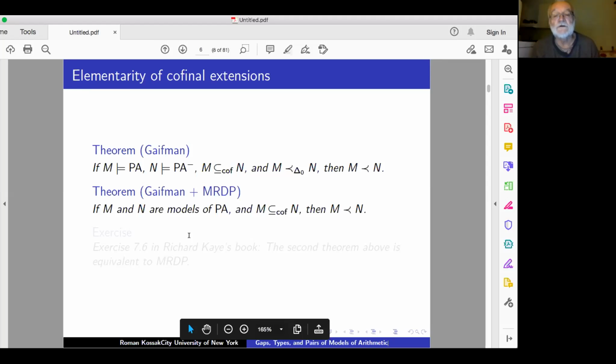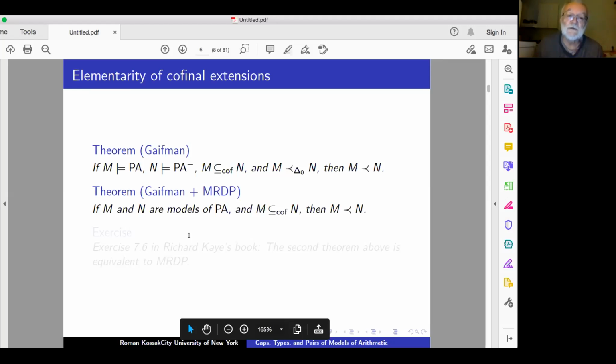But then there is a stronger version of it. If both M and N are models of PA, and if the extension is cofinal, then it has to be an elementary extension. And this follows from the first theorem of Gaifman and the Matiyasevich-Robinson-Davis-Putnam theorem.